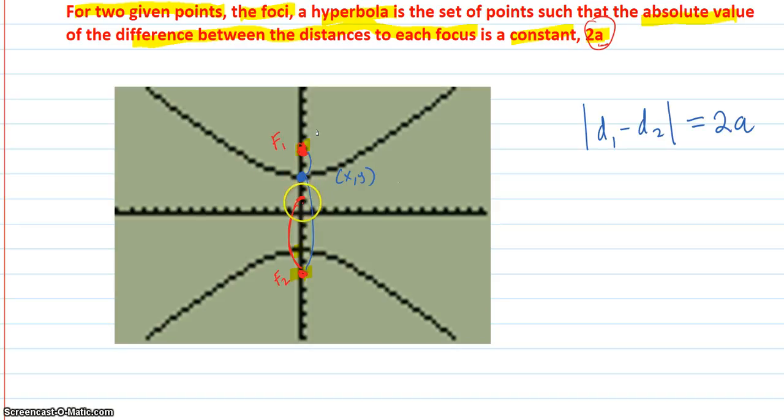Let's just count it: 1, 2, 3, 4, 5, 6. It's a distance of 6. And again, this distance is 1, 2, 3, 4, 5, 6. So I think this makes you believe that that defining distance of 2a shows up as this distance between the vertices from here to here. That's 2a. That makes this be a and this be a in there.